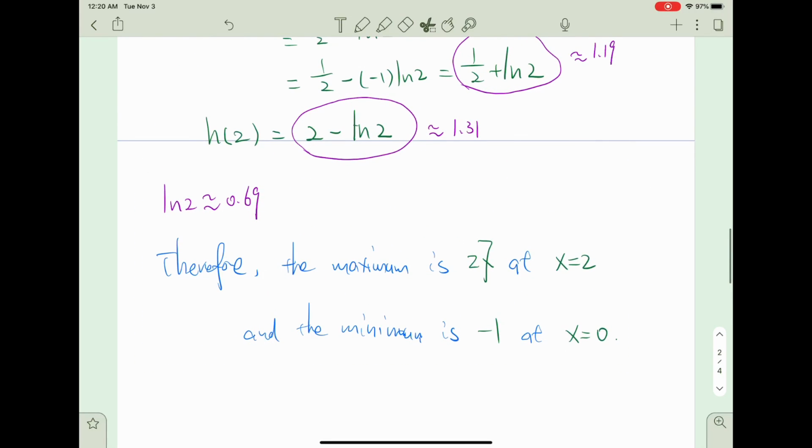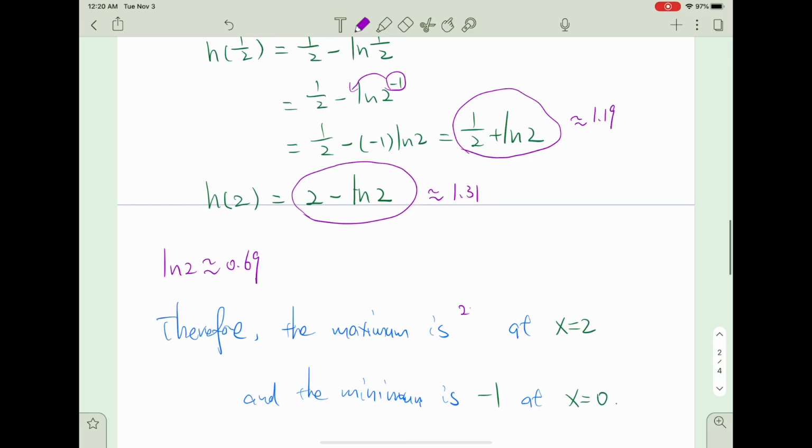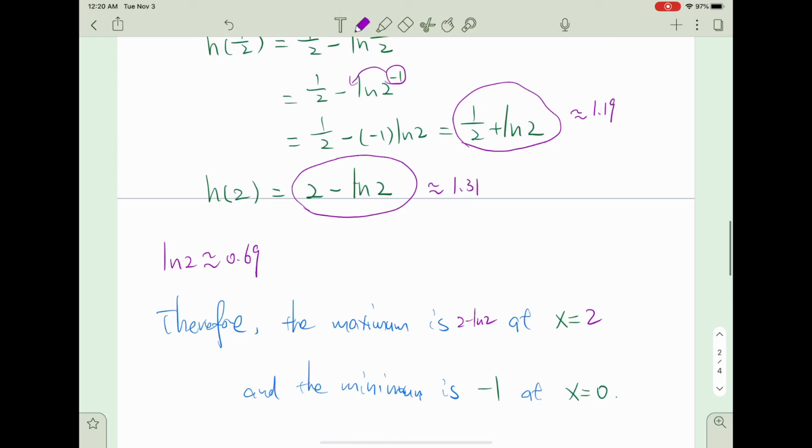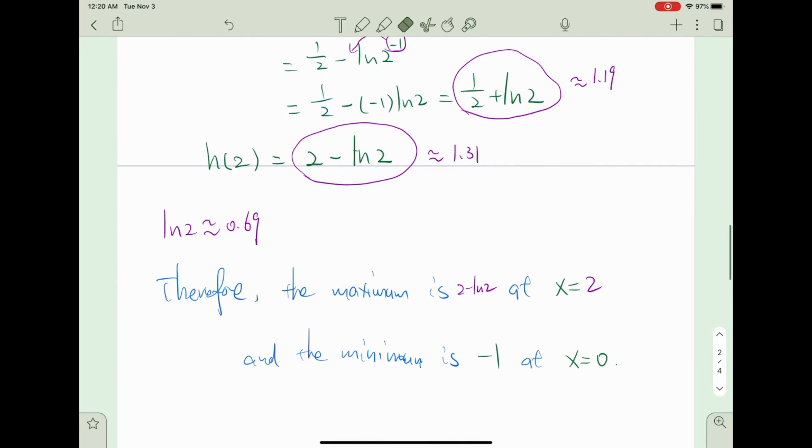So finish the statement. Therefore, the maximum is 2 minus ln of 2 at x equal to 2, and the minimum value is just 1 at x equal to 1.